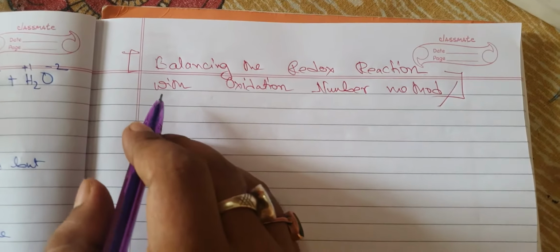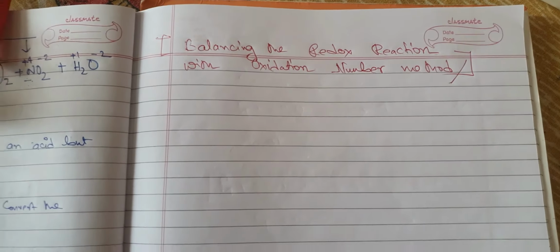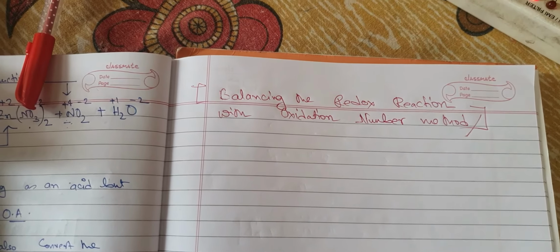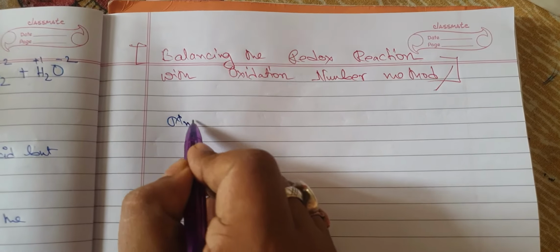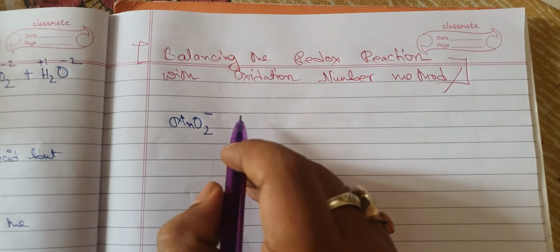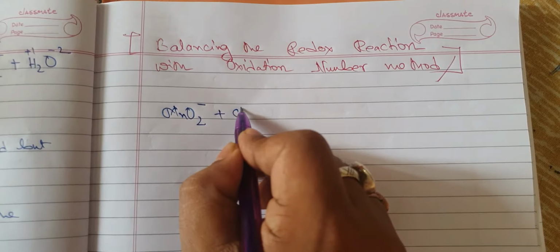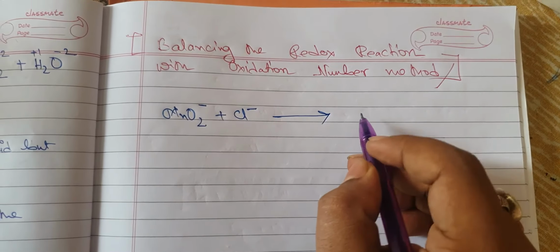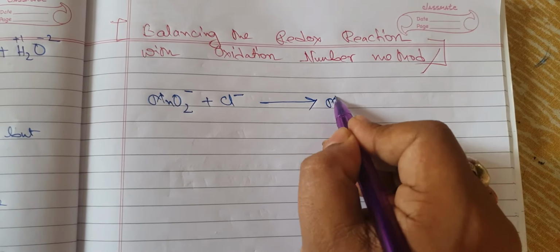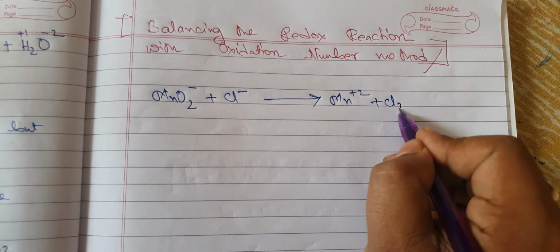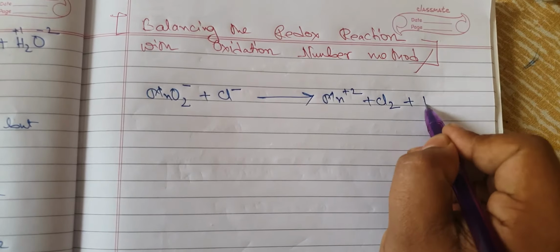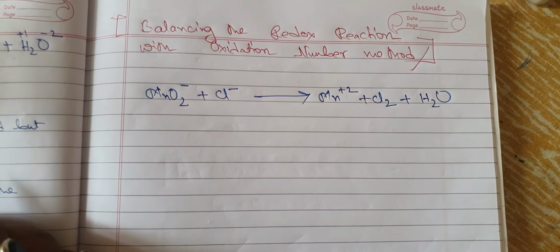Suppose they have given you a reaction: MnO2 minus plus Cl minus gives Mn2 plus plus Cl2 plus H2O.